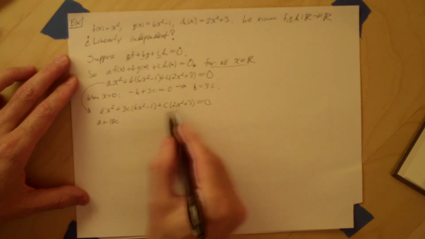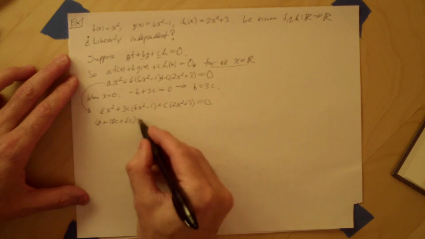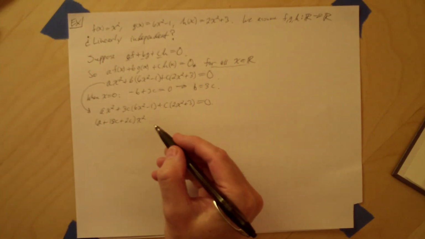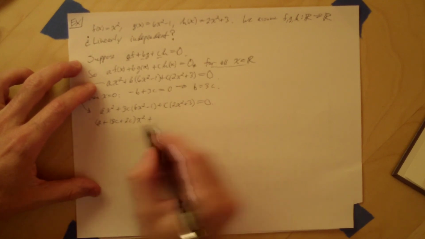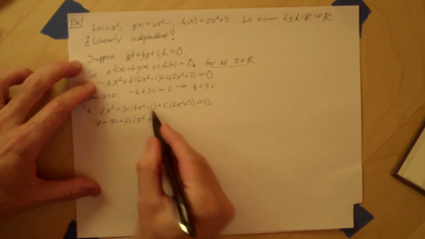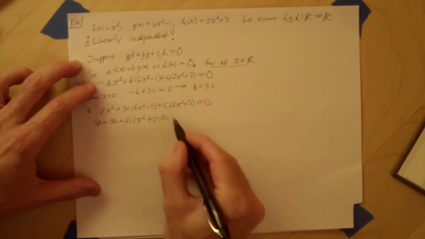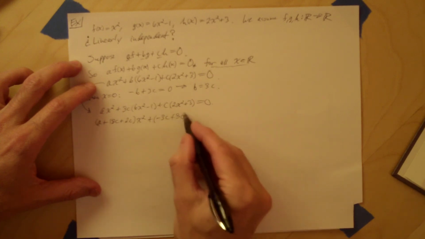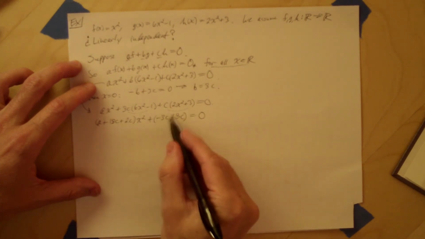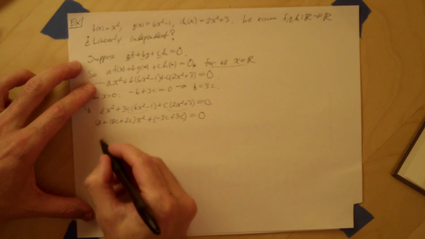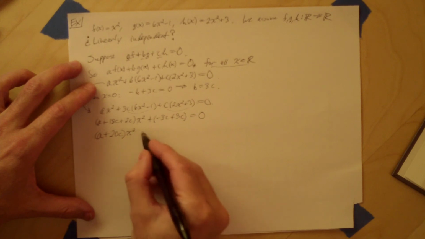There's 2c x squared and 18c x squared here. And then, what else have we got? We have negative 3c plus 3c. Well, that's interesting, isn't it? Negative 3c plus 3c. Well, that's gone. So we have a plus 20c times x squared is equal to 0.